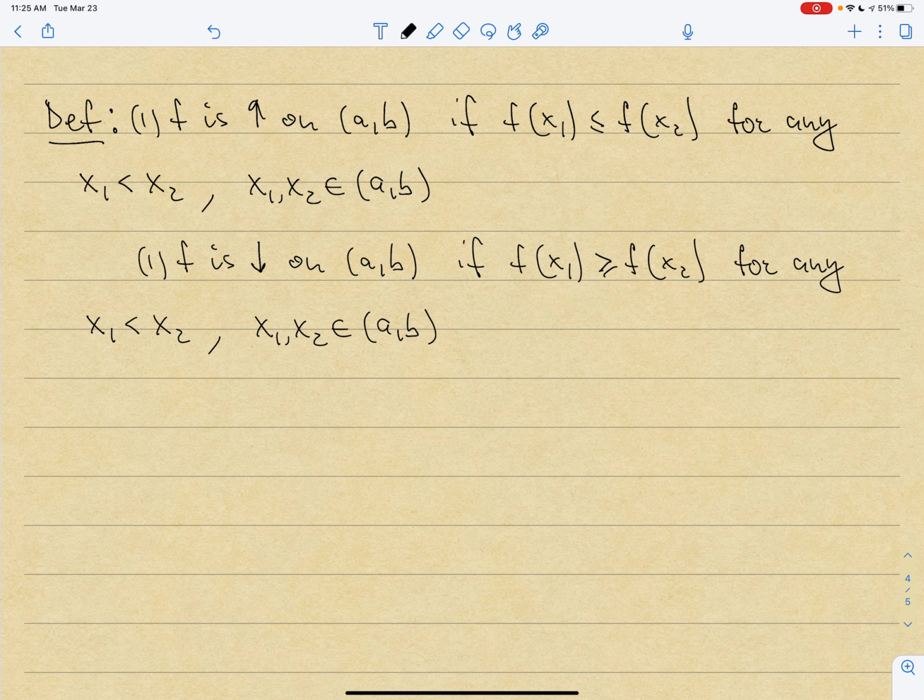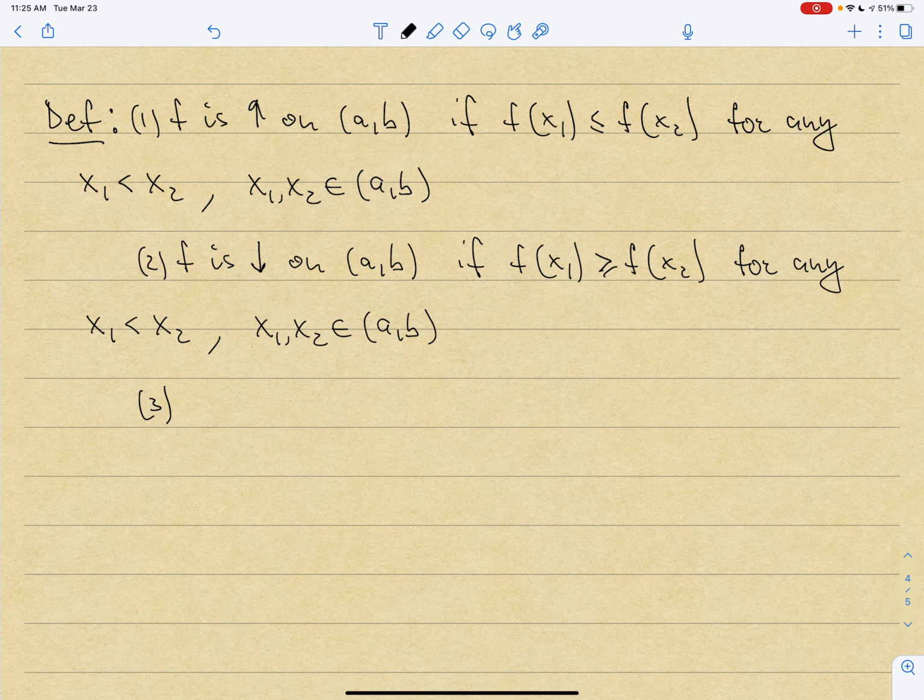Further two definitions, and actually this is 2 and not 1. Number 3, we can also distinguish the case when the function is strictly increasing, meaning that it never is going to achieve the same value again.